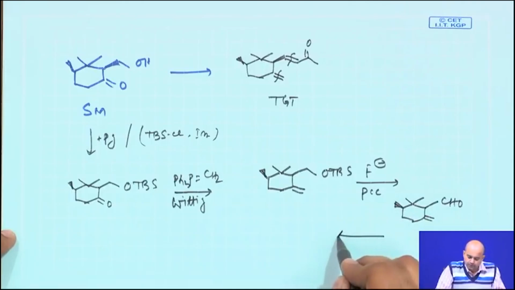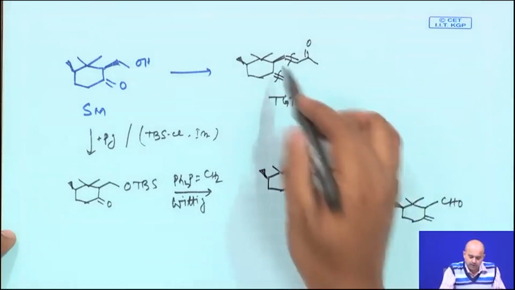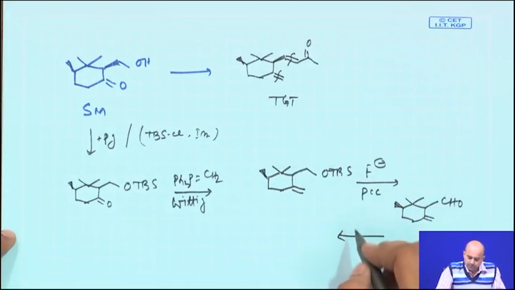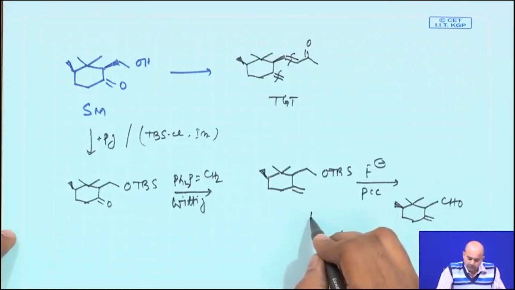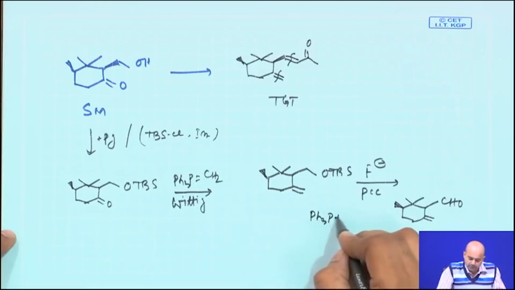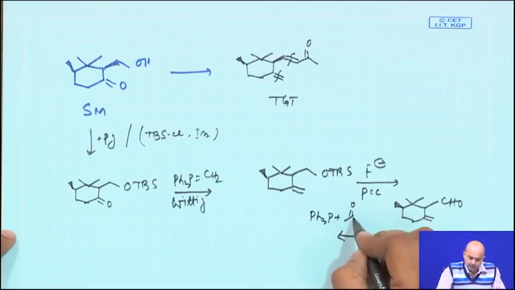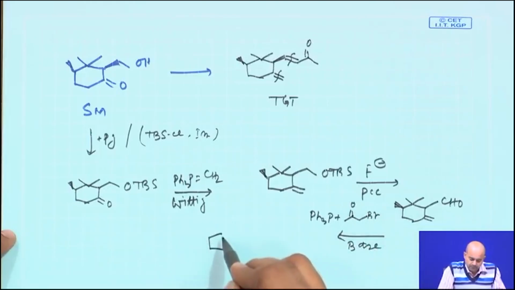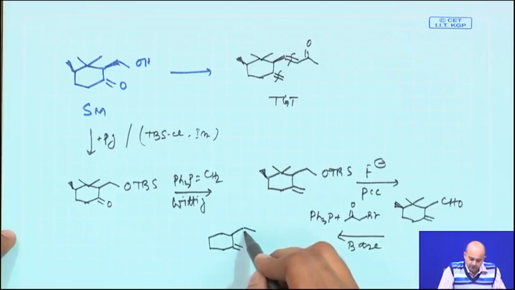Now, everything is almost set. You can do a Wittig reaction, or even an aldol kind of reaction also, but as we discussed about Wittig reaction, let us talk about a Wittig reaction. With the ylide, which you can easily prepare from triphenyl phosphine and monobromo acetone using a base, you complete the synthesis in a very effective way.